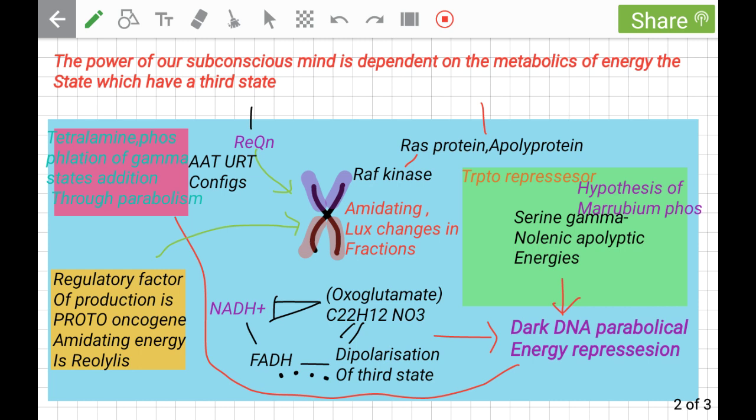So these affect the whole cycles of chromosomes because of the bioluminescent energies which are replicating the factors of production. So here are all the processing of it.